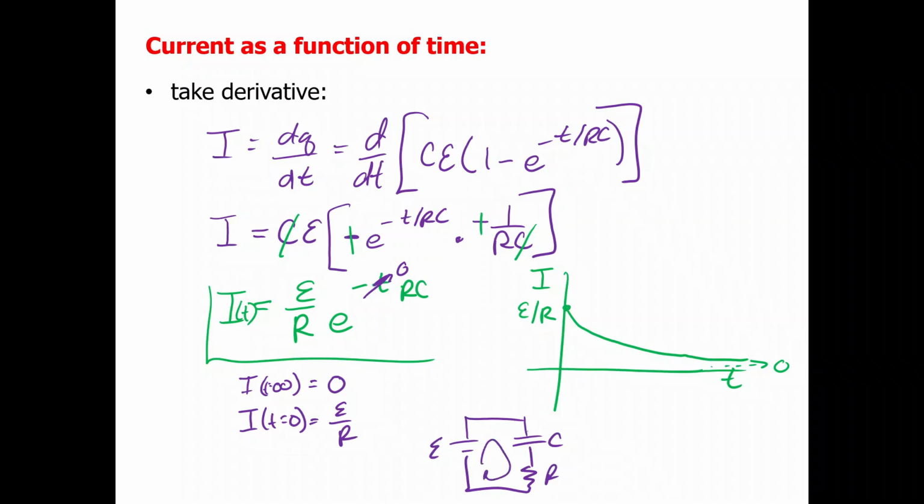So it's basically like the capacitor is not there, and the current in that circuit is just going to be E over R. So you get your maximum current at t equals 0, because the capacitor has no voltage drop across it, so only the resistance is determining the current. That is going to decrease over time, and then that RC time constant still appears.